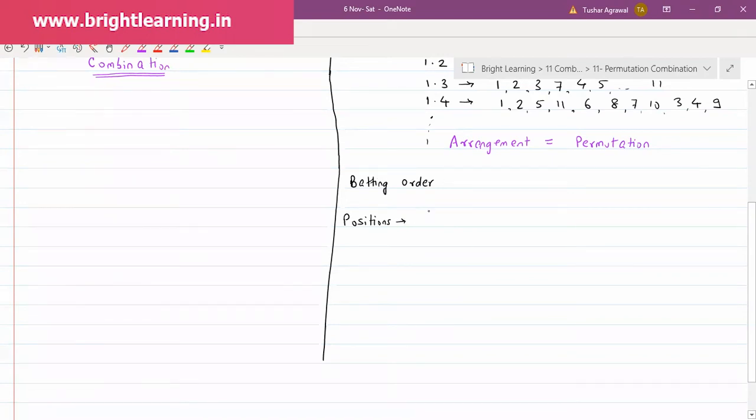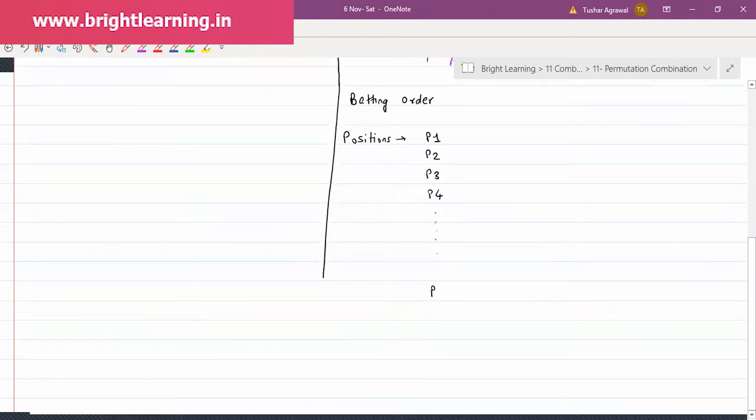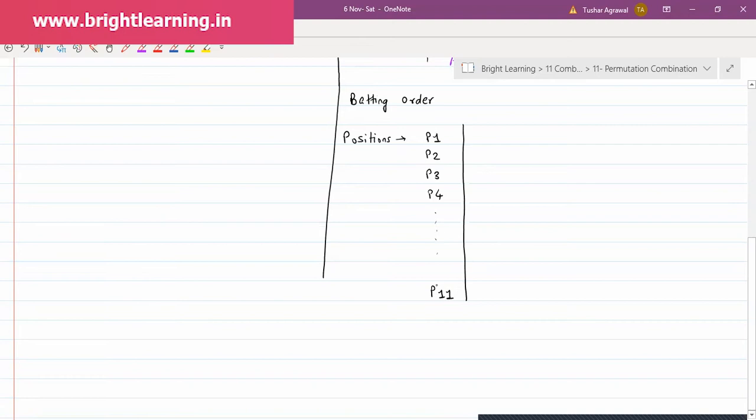The first arrangement that I'm giving is player 1, player 2, player 3, P4, P5, P6, P7, and so on up to P11. This is one batting order, or one arrangement. This is one permutation.